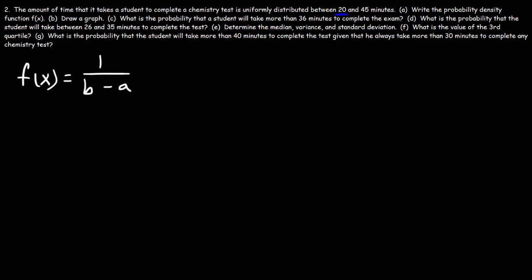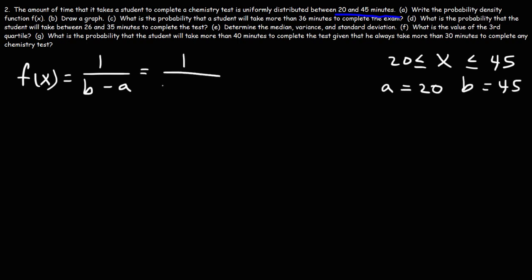Well, we can see that x is between 20 and 45. So therefore, a is 20 in this example, and b is 45. So this becomes 1 over 45 minus 20. 45 minus 20 is 25. And so f of x is equal to this.